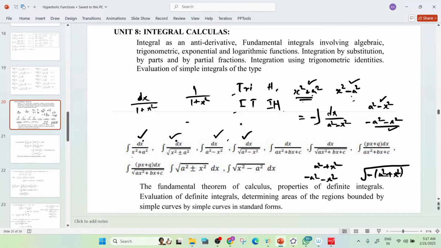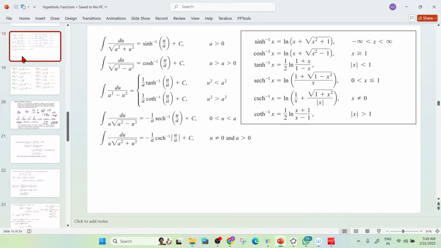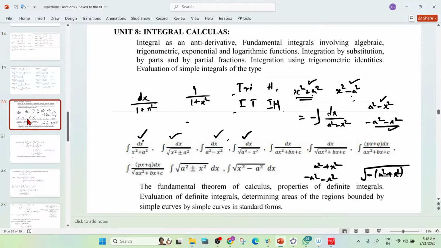Inverse trigonometric, if you are differentiating, you are getting functions in terms of x, right? And inverse hyperbolic also, we get something like this. So you learnt a lot of differentiations: trigonometric, inverse trigonometric, hyperbolic, inverse hyperbolic.